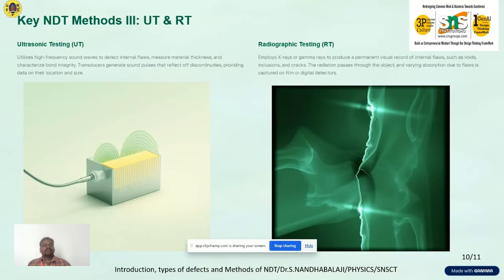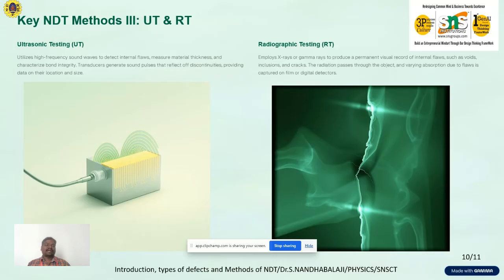Radiographic testing employs X-rays or gamma rays to produce a permanent visual record of internal flaws such as voids, inclusions, and cracks. The radiation passes through the object, and varying absorption due to flaws is captured on film or digital detectors.